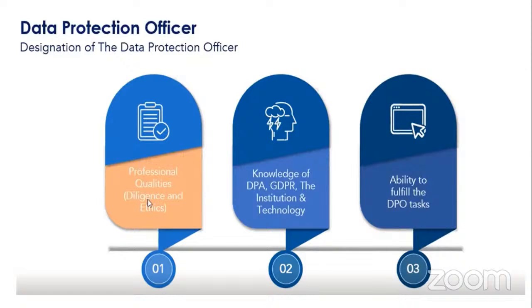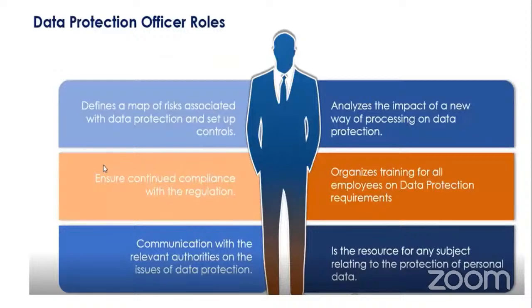This person should be a professional with ethics and intelligence, knowledgeable on data processing, and able to perform the role of data protection officer. These are the roles of this particular person.